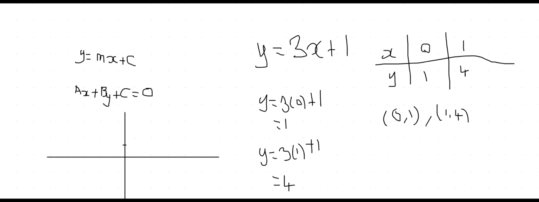And then 1, 4. Let me see. My 1 is here. So my 4 on the y should be somewhere there on top. So my other point will be here. And then since I have the 2 points, I can join them with a straight line.